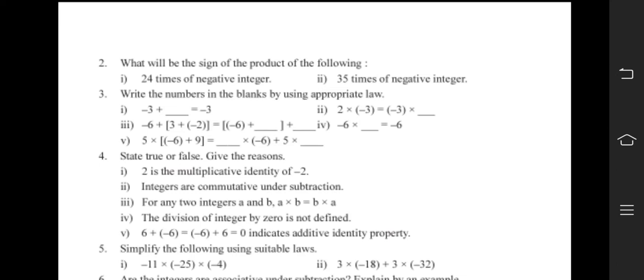So what is the answer, children? Yes, it is multiplication over addition. So which property is it? Distributive law. So 5 into -6 plus 5 into 9. Did you understand, ma'am? Okay.